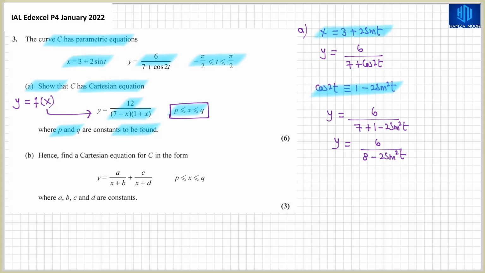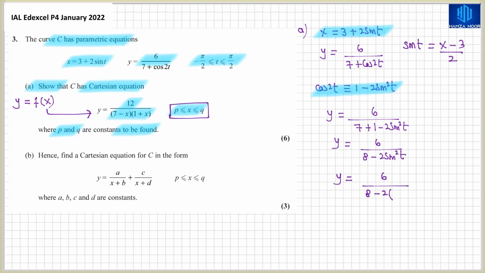Since we know that x is equal to 3 plus 2 sine t, if we make sine t the subject, this will be equal to (x minus 3) divided by 2. So in place of sine t, we are going to write (x minus 3) over 2. So y will be equal to 6 divided by 8 minus 2 times sine squared t, and sine squared t is basically sine t whole squared.